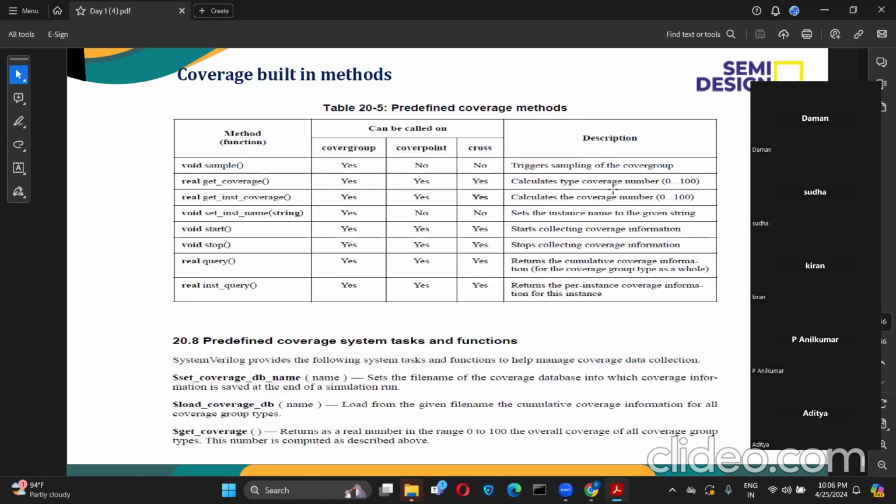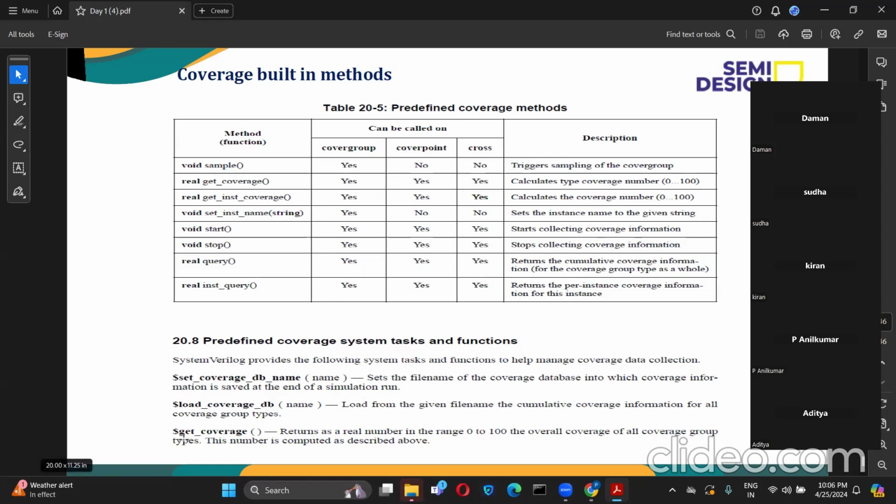Okay. And then we have coverage built-in methods. Within all this, the important one is the sample method, because we need to sample the covergroup which we are declaring. That is very necessary. The other one is get_coverage.